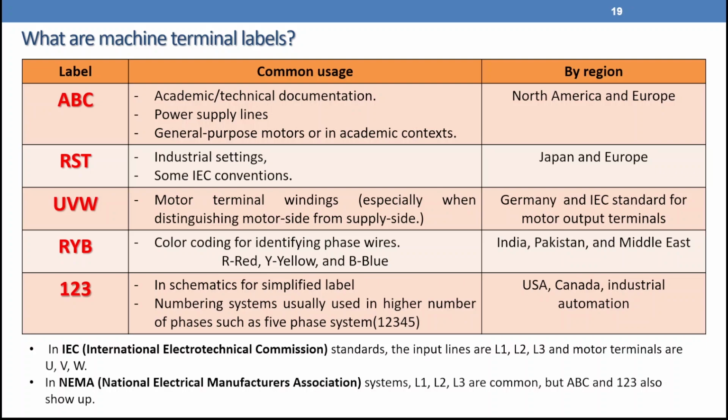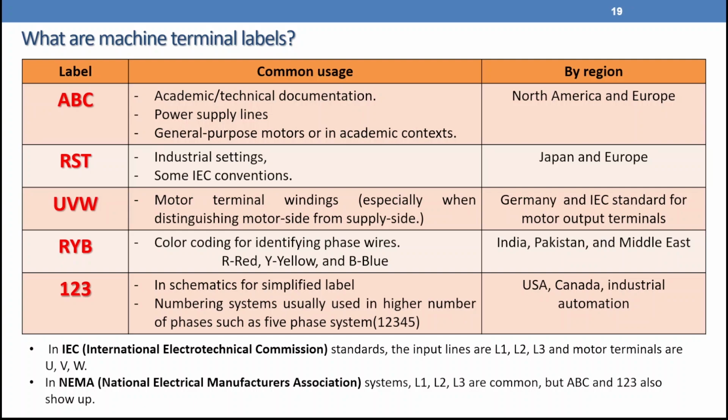Before we leave these labels, the IEC, the International Electrotechnical Commission standards, use line 1, line 2, line 3, and the motor terminals are UVW, as explained. While the NEMA standard, the National Electrical Manufacturers Association, still uses line 1, line 2, line 3 for the supply lines, but ABC and 1, 2, 3 can be used for them.